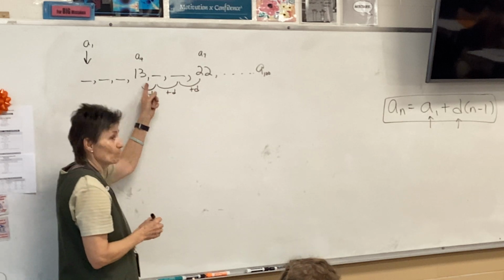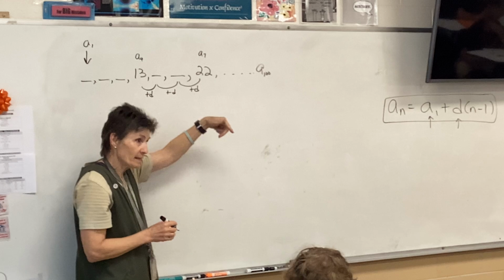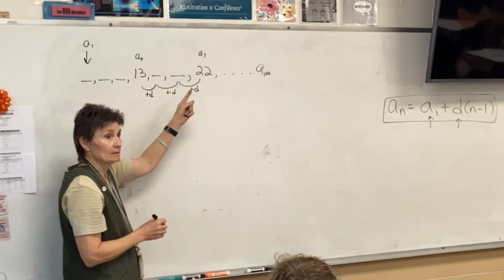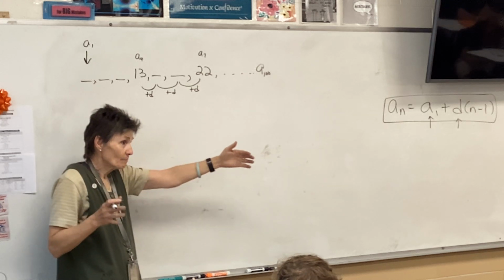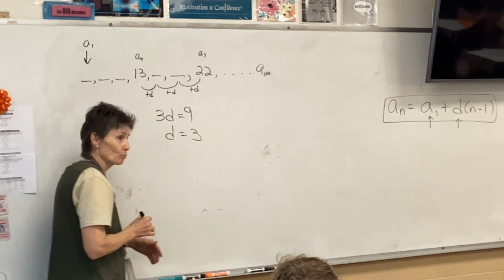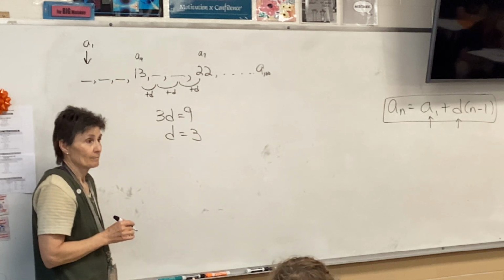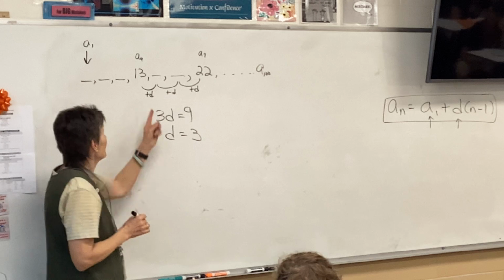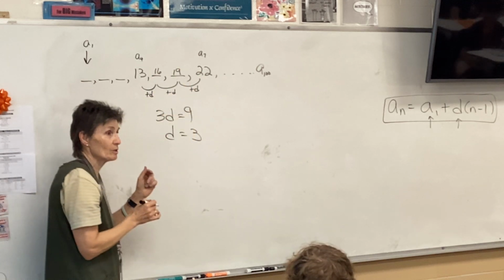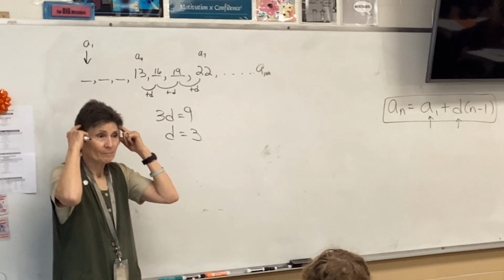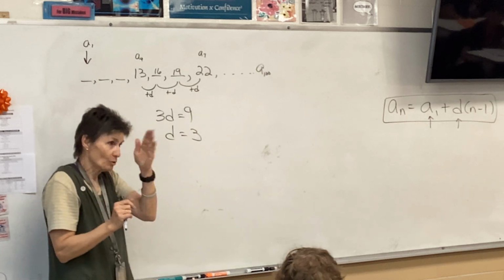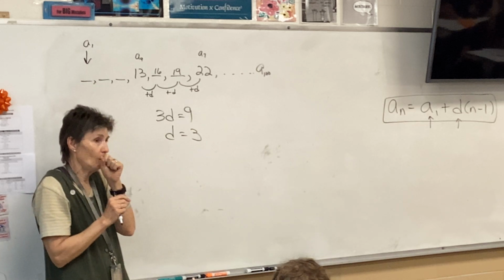Well, how far is it from 13 to 22? 9. And I'm adding 3 D's to get 9. So that means D must be 3. Look, if you add 3, you get 16, 19, 22. See how that works? It's very logical. I'm adding the same number 3 times and going 9. So those additions must be 3's.